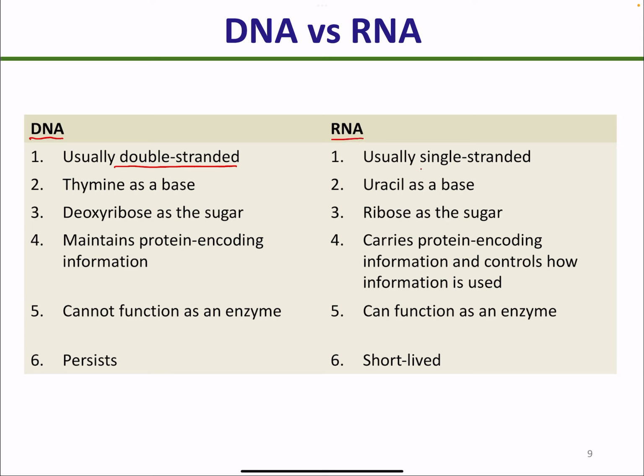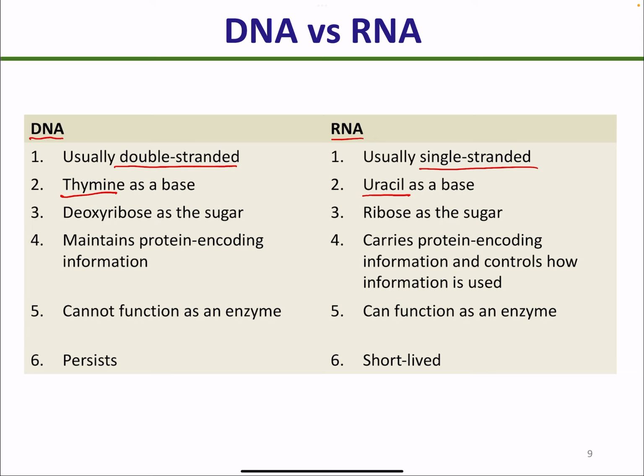RNA is a single-stranded molecule. In DNA, among the nitrogenous bases, we have adenine, guanine, cytosine, and thymine, right? While in RNA, we have adenine, guanine, cytosine, and uracil in place of thymine. I want you to remember that.